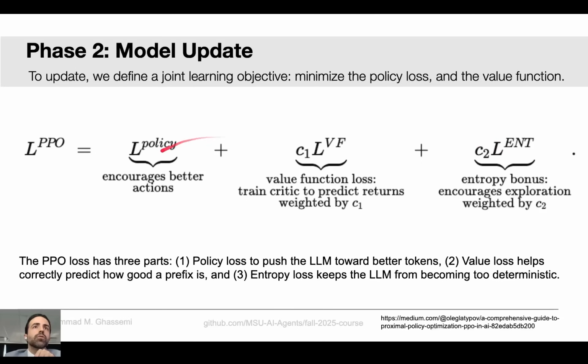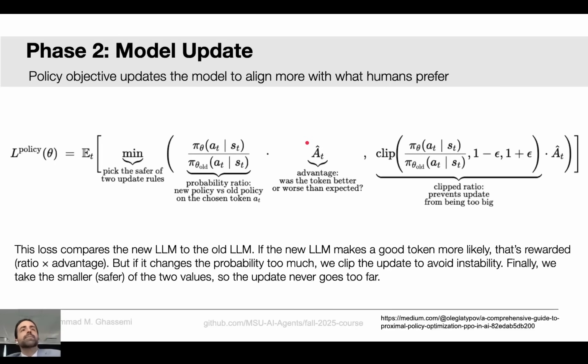But the two real stars of the show are the policy loss, which is meant to encourage better actions, and the value function loss, which we've just covered. You understand the value function loss because I gave you an example. Let's look at the policy loss.